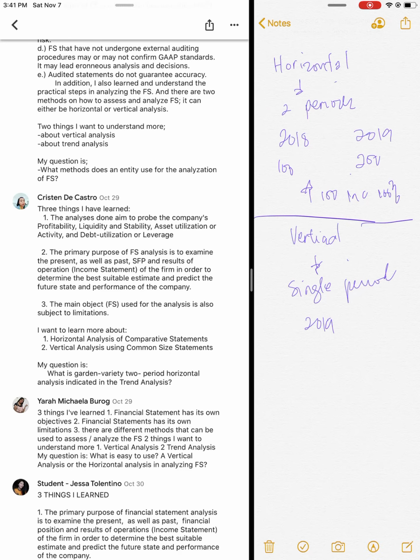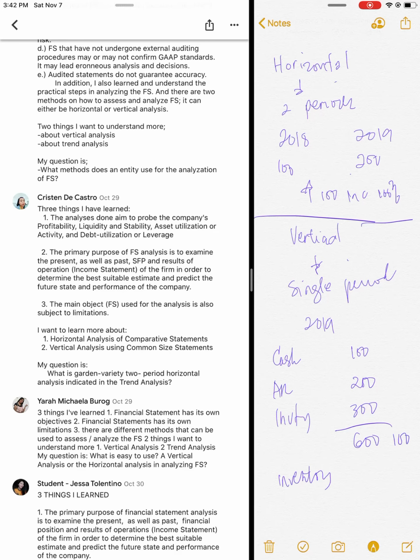Pero kapag sinabi nating vertical analysis, since you are talking about a single period, what you are analyzing is, for example, you have your cash, you have your accounts receivable, you have your inventory. And you have your cash of 100, receivable of 200, inventory of 300. So you have your 600 here. Okay, so when you want to know, magkano ba sa assets ko ang inventory?